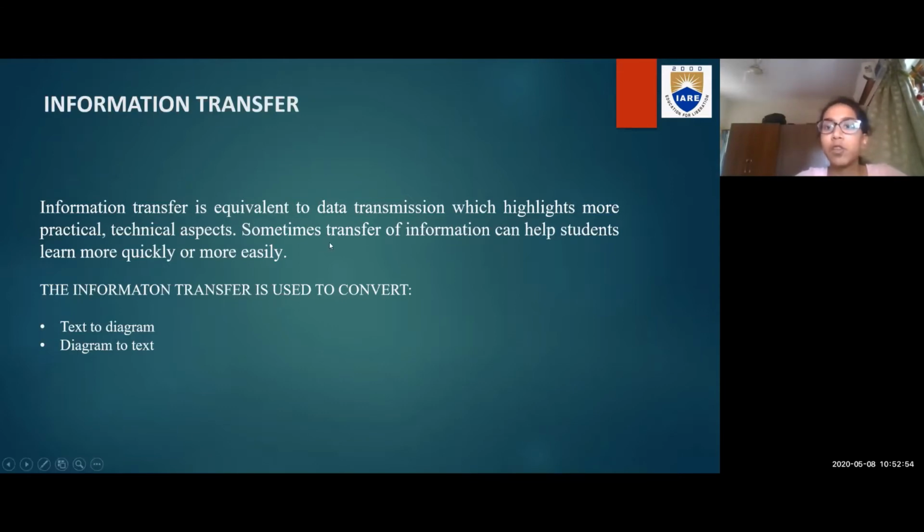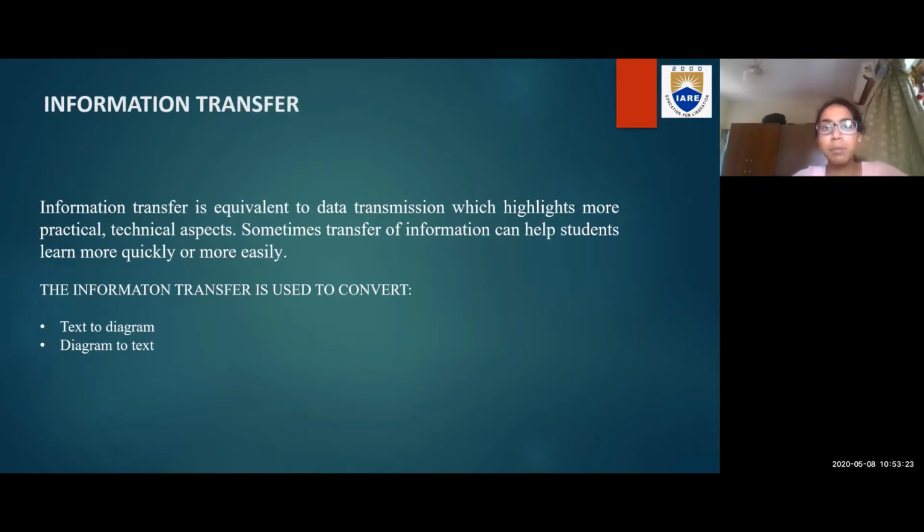Sometimes transfer of information can help students learn more quickly or more easily, rather than reading long paragraphs at a stretch, like an n number of paragraphs. You can transfer your information in the form of a flowchart or in the form of a tree diagram, and it'll help students or people who read the flowchart or the tree diagram understand more quickly.